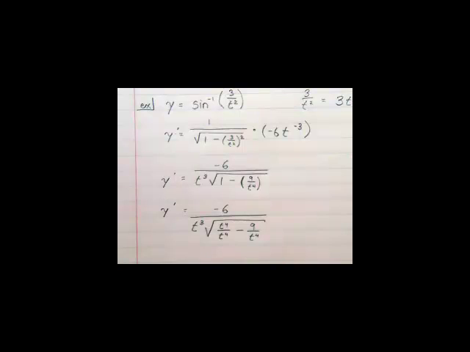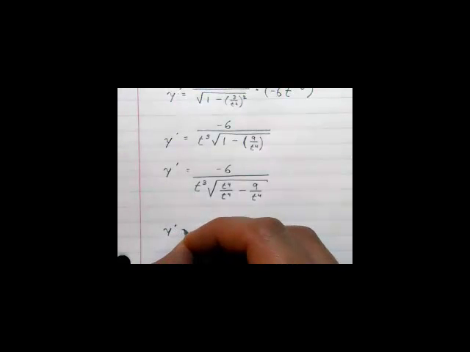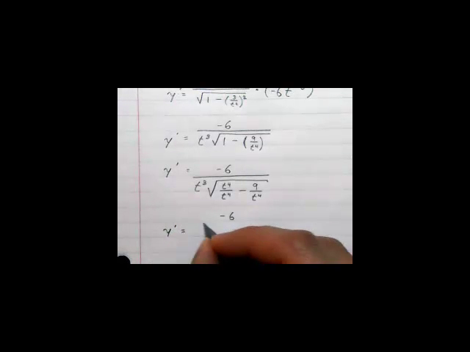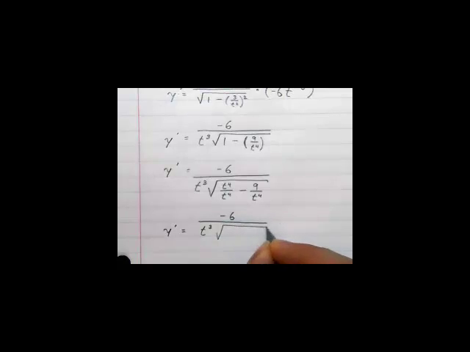So instead of 1, t to the fourth over t to the fourth. And then if I actually do that subtraction now, I've got t to the fourth minus 9 over t to the fourth.